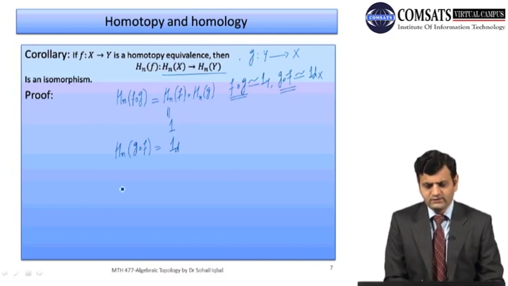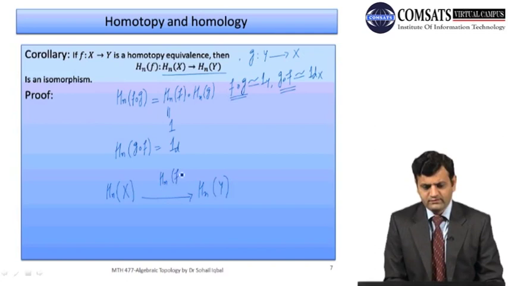So if F is a map from X to Y, then we have the map Hn of F from Hn of X to Hn of Y, and similarly, since there is G from Y to X, we have Hn of G going back. These are homomorphisms, and they are inverses of each other because both compositions are the identity.